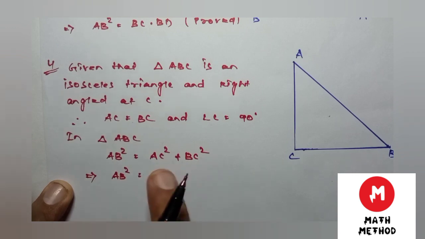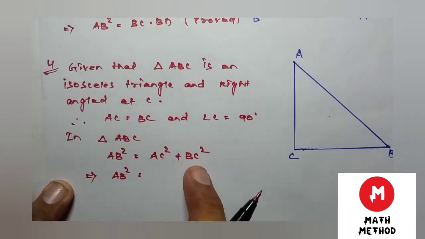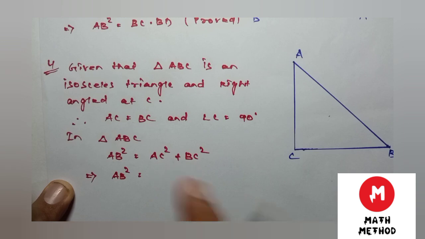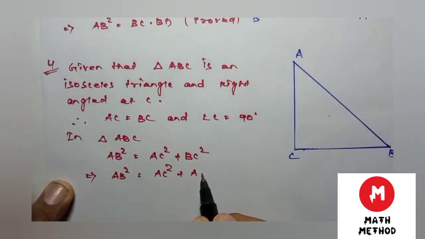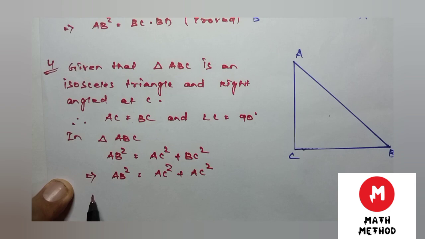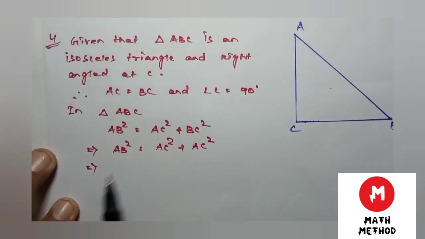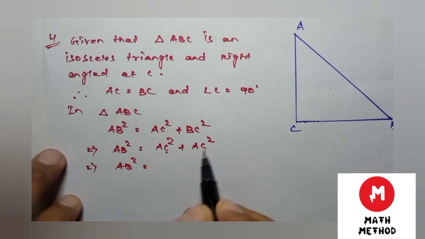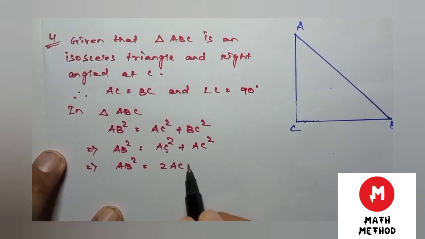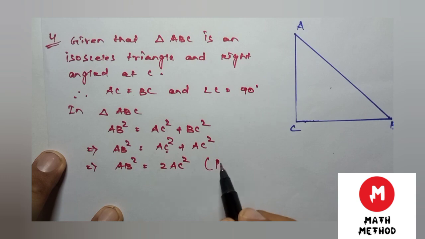We know that AC is equal to BC. So in terms of BC I can write AC, because AC is equal to BC, so AB square is equal to AC square plus AC square, which is equal to 2AC square. Hence proved.